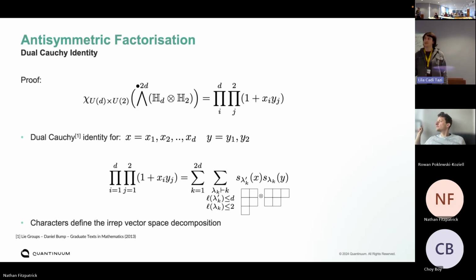Because these are Schur polynomials, these are the characters of the representations, and therefore this simple identity gives you the complete decomposition of the fermionic vector space in the spatial orbital case of HD cross H2 Hilbert space. So this is the fermionic spatial orbital decomposition, basically. We use the characters to prove this.